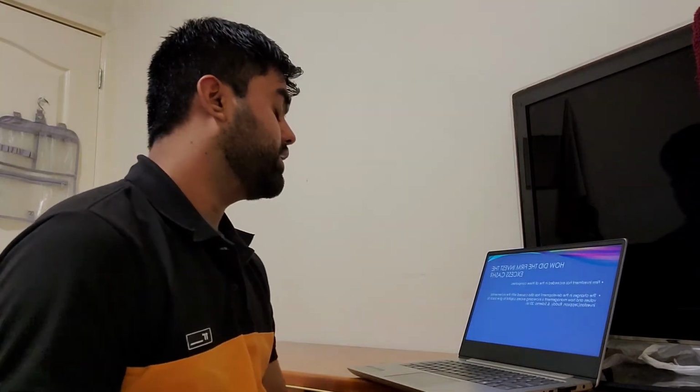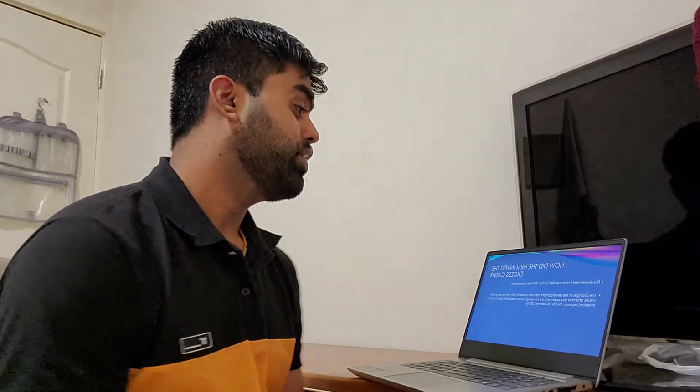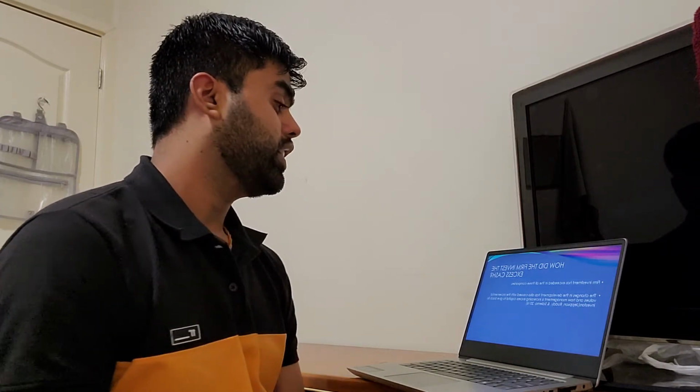The next slide is on how the firm invests the excess cash, which means firm investment has exceeded in all three companies. The changes in development have also caused incremental value, and management is increasing access to capital to give back to investors.